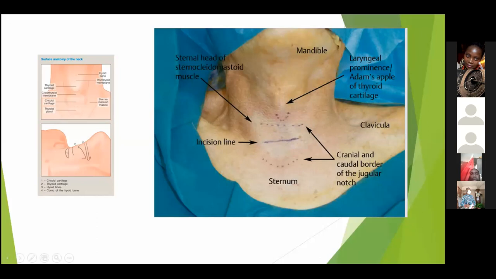General anesthesia is really dependent on where you're doing the surgery from. Is it in theater? Is it outside theater? Is it in ICU, or is it on a general ward, let's say like an emergency ward? So you can have intravenous anesthesia. You could have gases if you're in theater.